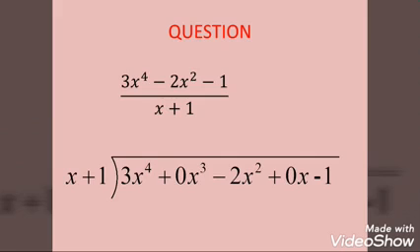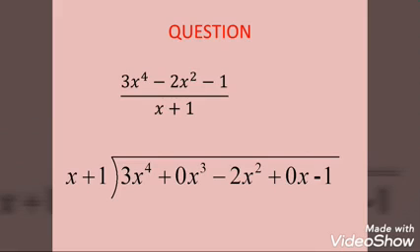Inside the bus stop, we have 3x to the power of 4 plus 0x cubed minus 2x squared plus 0x minus 1. We have had to insert a term for x cubed and a term for x because there wasn't one in the original question.